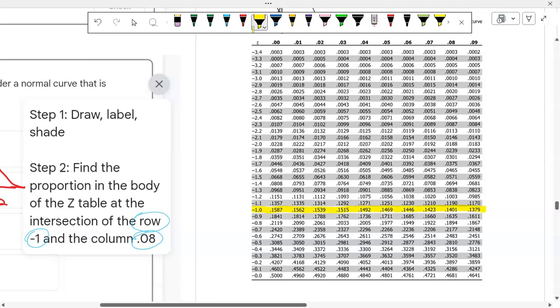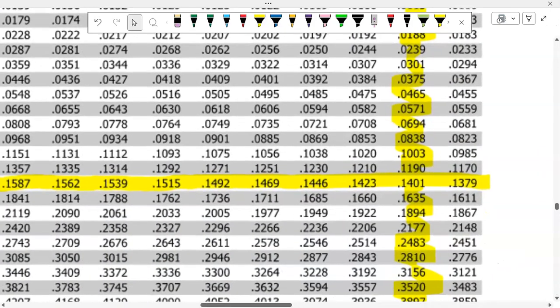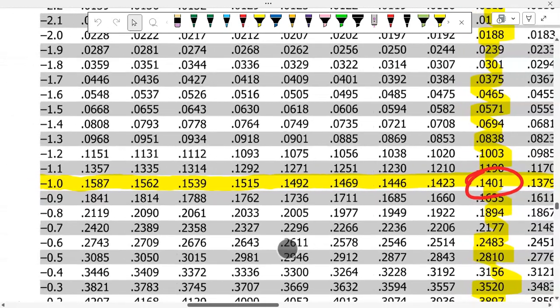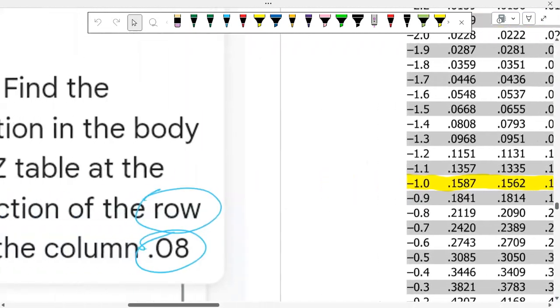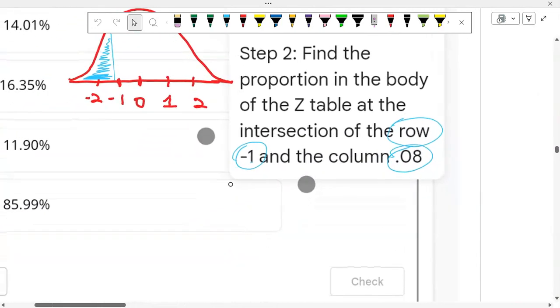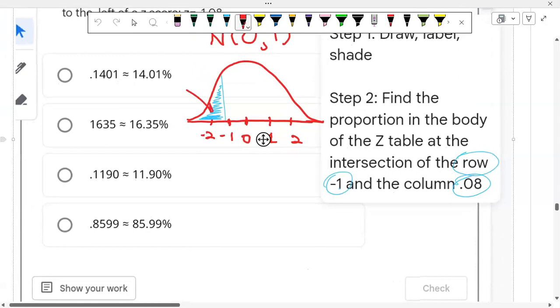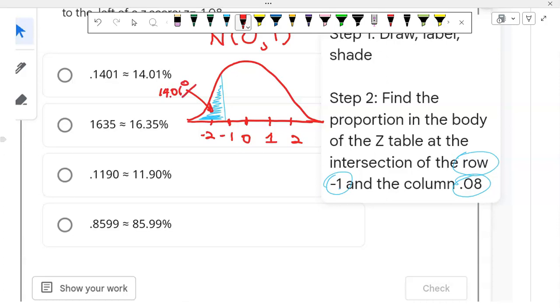And then I'm going to go to the column that is 0, 8, which is right here. And I'm going to find the intersection of those two. 0.1401, and I'm going to change that into a percent by moving the decimal 2 places over. So that area is 14.01%.